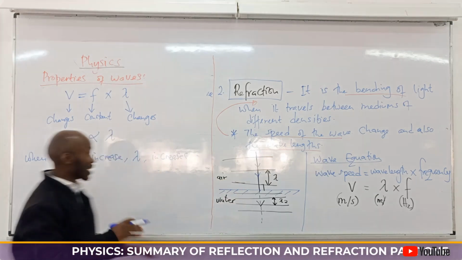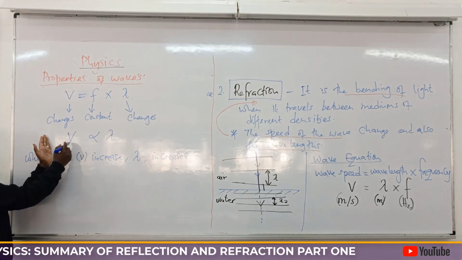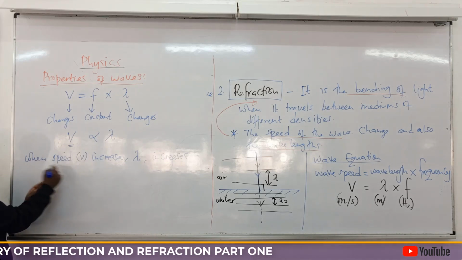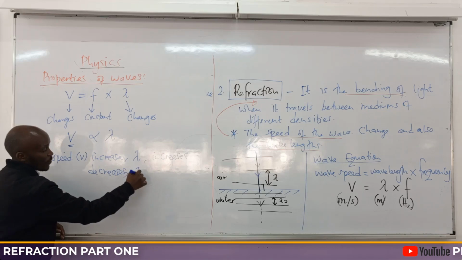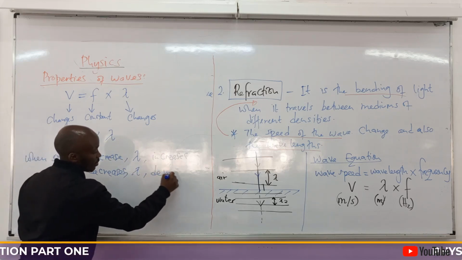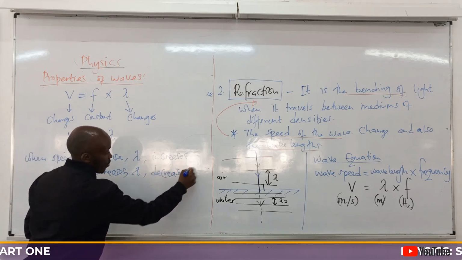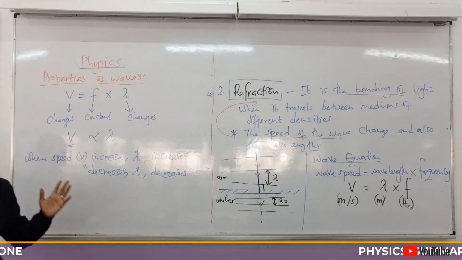The speed decreases. And according to the equation, when the speed decreases, so wavelength does what? Yeah, decreases. Wavelength decreases. That's it.